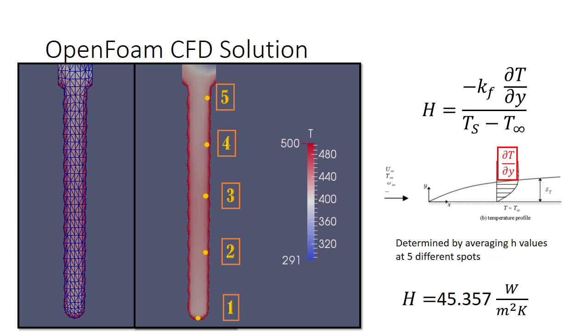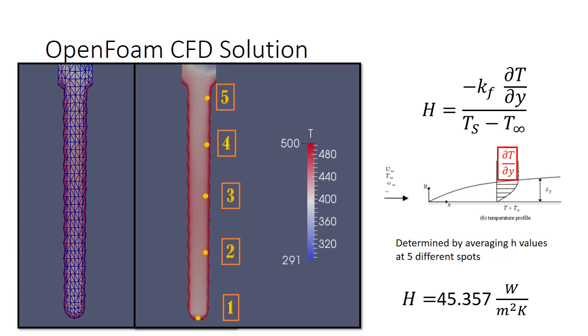The specific way we solved for the convection with the CFD model was getting the change in temperature at the boundary layer of the heatsink. At the heatsink surface, it's obviously going to be very hot, and as you move away from that, it's going to cool down. If we look at that at a very small level, like half a millimeter, we can actually determine the heat transfer coefficient from that.